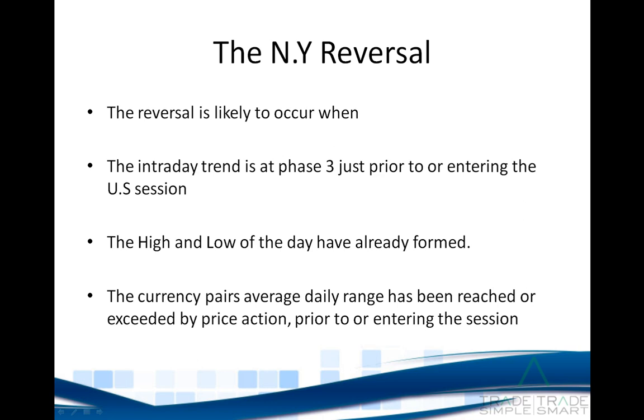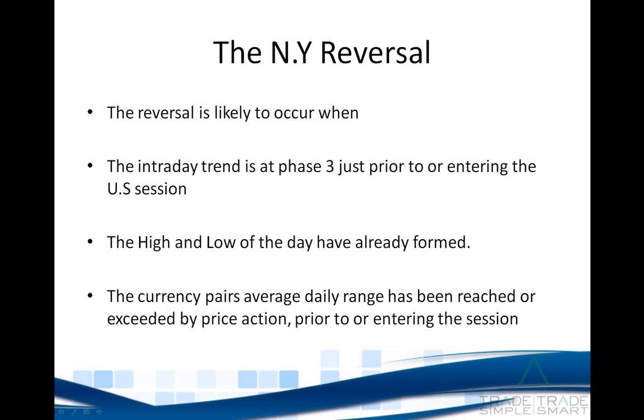So if you see that we have both a high and low form throughout the day, and this is combined with your 3 phases of rise or fall, this is a high indication that the New York reversal could take place on the open.